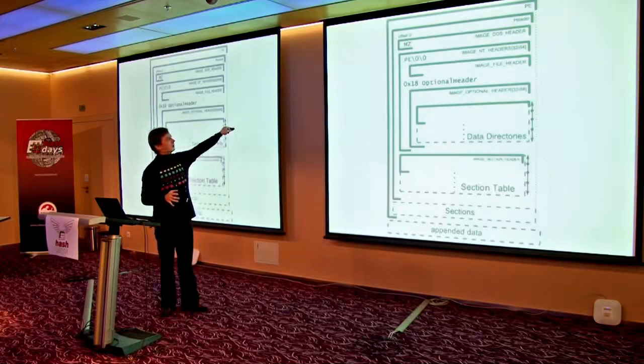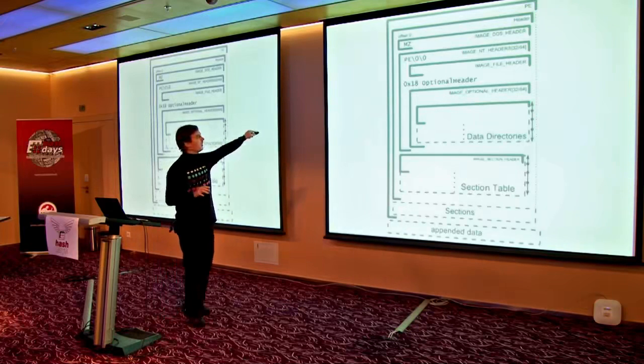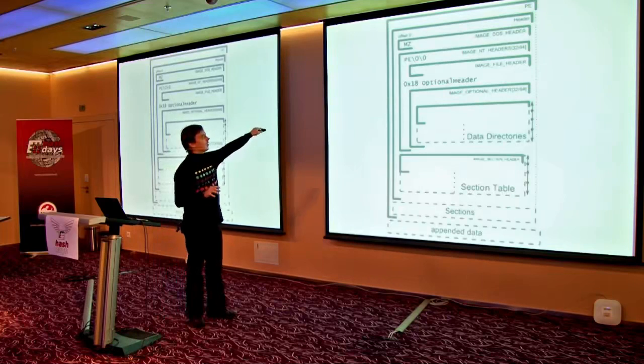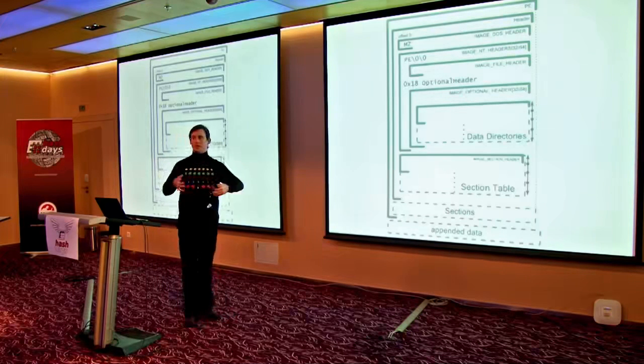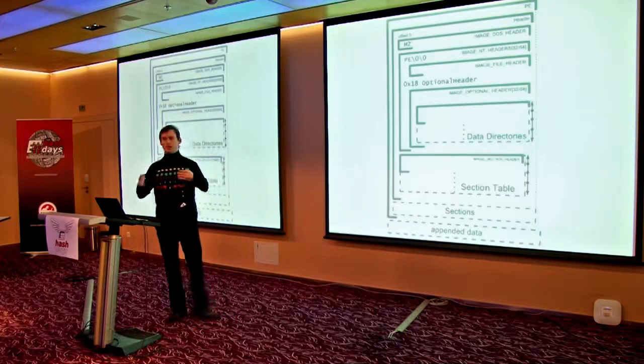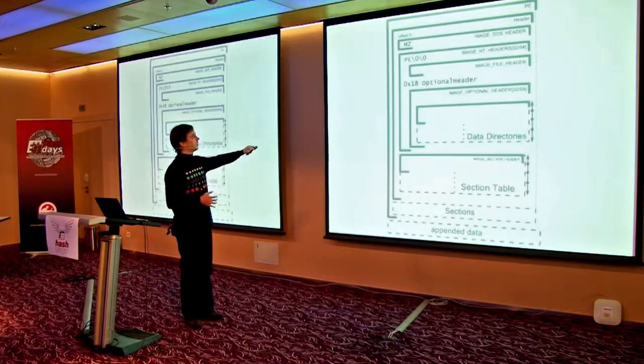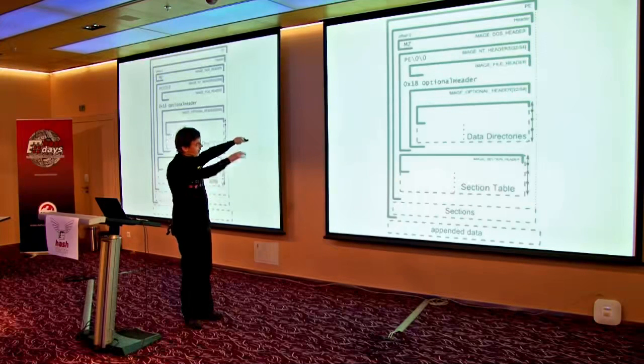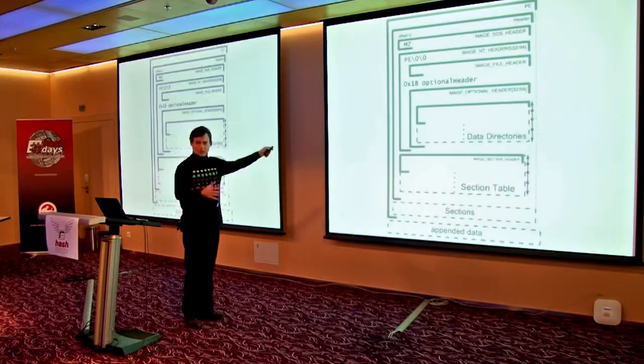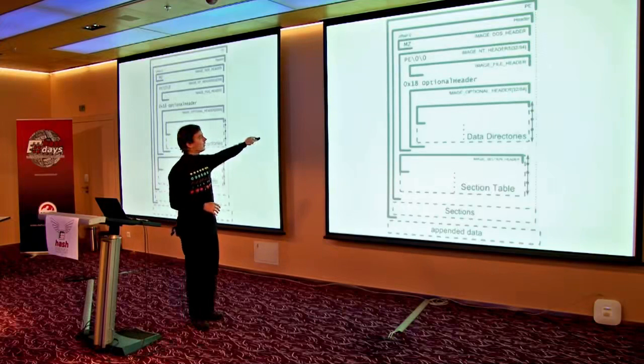At this stage, it's still a DOS executable, nothing to do with a PE or whatever. And then you could add another kind of header. So it could turn it into a new executable, linear executable, or portable executable. Then, depending on the signature here, you would have a different kind of header and a different kind of file entirely. But as I said, here I will just cover the PE file format.